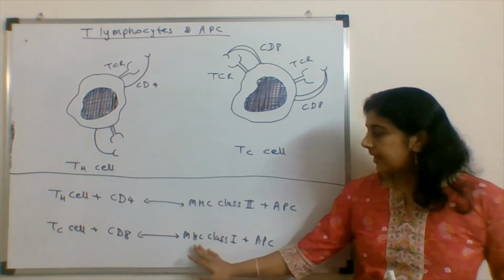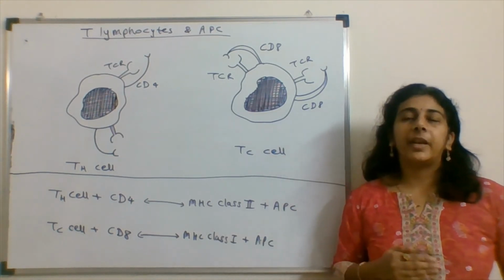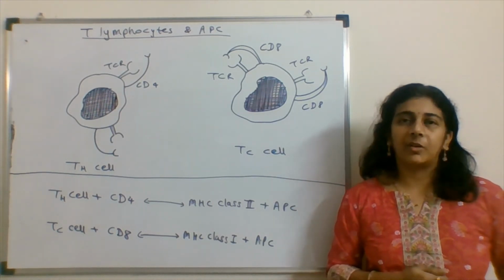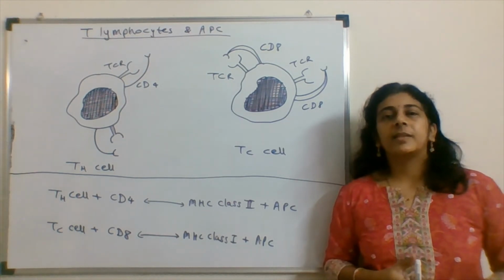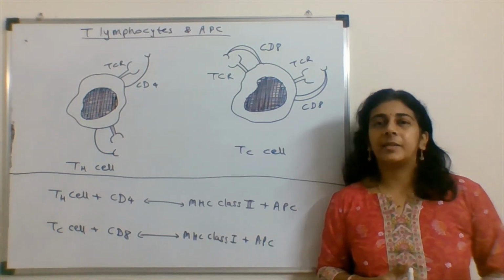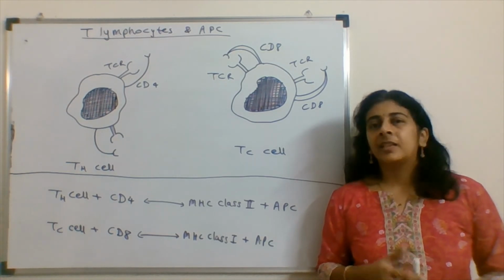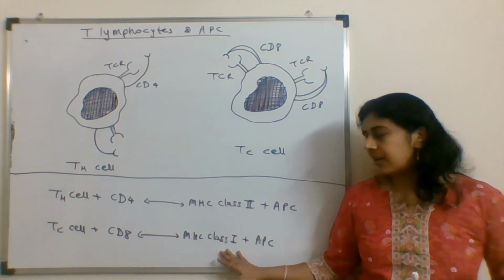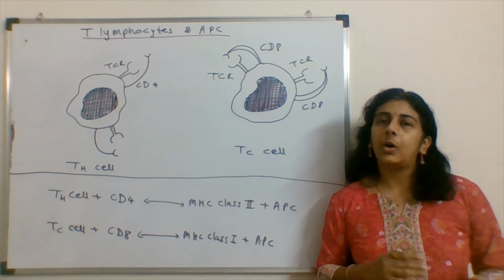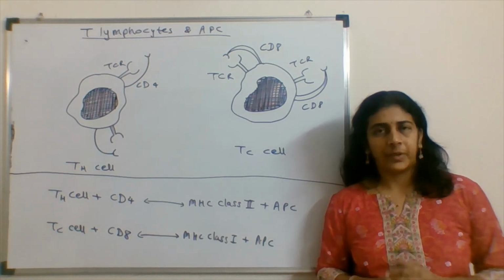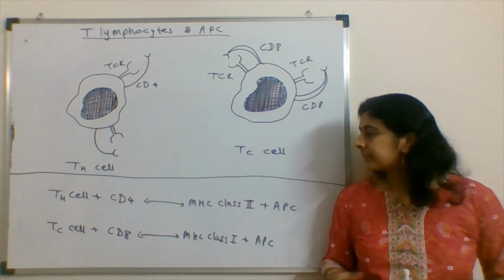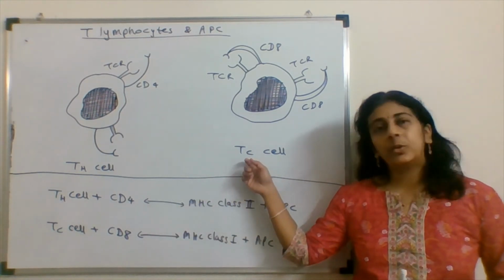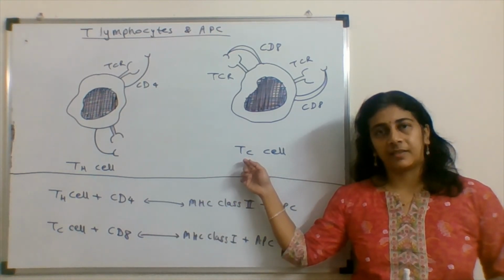Now, these MHC are the major histocompatibility complex. These are protein molecules present on an antigen presenting cell. Out of these, MHC class 1 is present on all nucleated cells. All cells of the body have MHC class 1 on them, which can present antigen to the T cytotoxic cell.